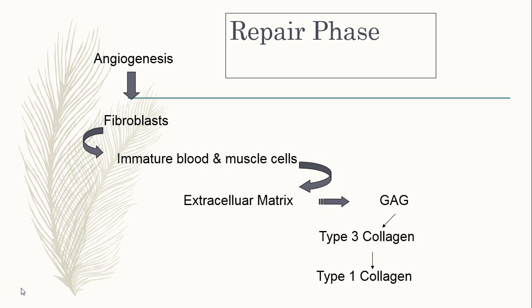The oatmeal sinks into the molasses, and you get what's called a type 3 collagen, which is not necessarily a super strong collagen, but it is the first layer of scar tissue that's laid down. Now, over time, as you do your rehabilitation, that type 3 collagen actually morphs into a type 1 collagen from the stresses that are placed on it. And that is the physiology of the repair phase in a very basic nutshell.